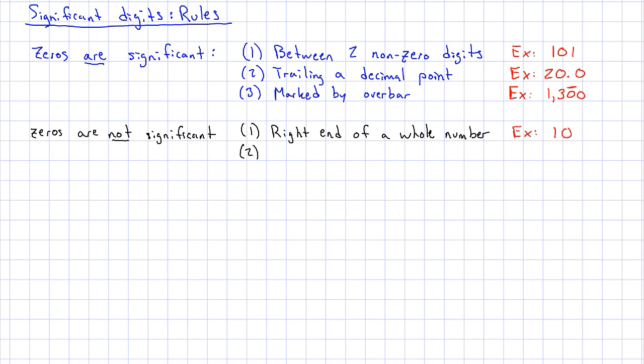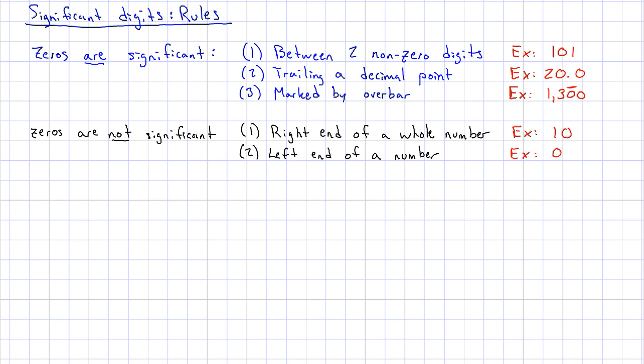And then if it is at the left end of a number. I didn't say a whole number. I said a number. So this could be a decimal or a whole number. It is unusual and not very common for people to write whole numbers with zeros in front.